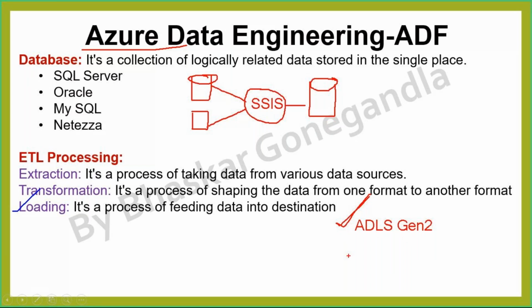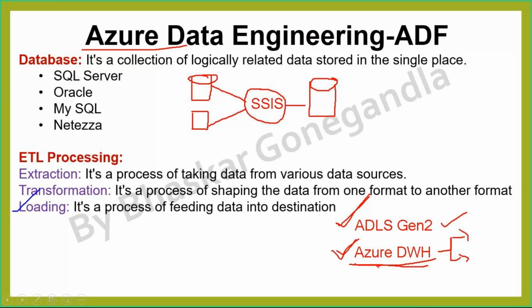To avoid that, Microsoft came with Azure Data Warehouse. Azure Data Warehouse is built on top of ADLS Gen 2. On top of ADLS Gen 2, we create an Azure Data Warehouse. This allows us to apply DML operations the way a database works.